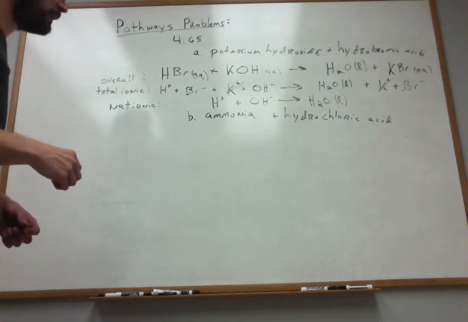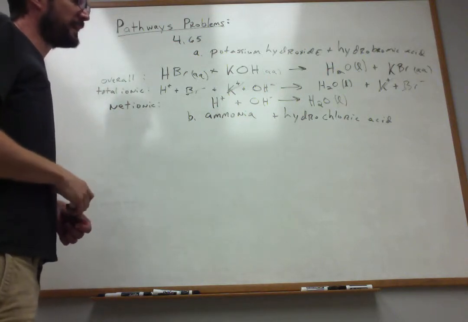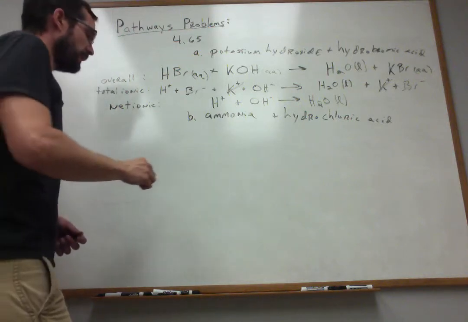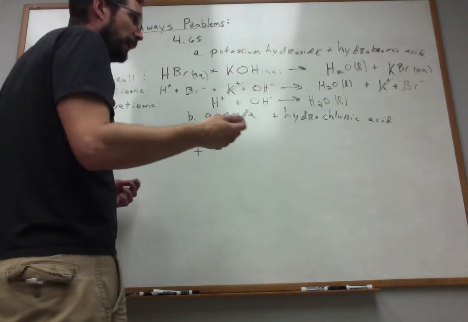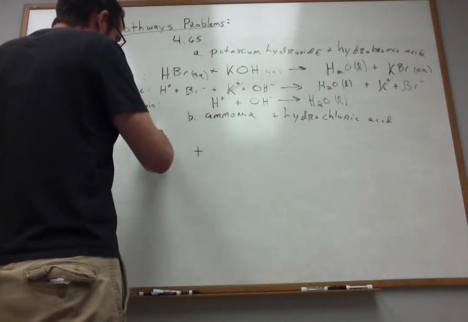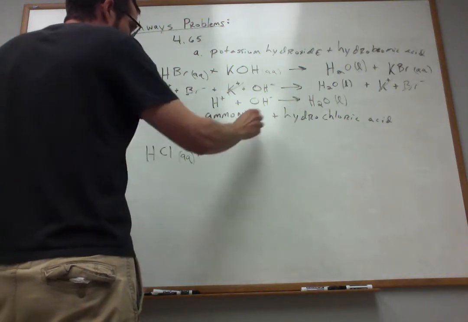Let's try our hand then at part B to 4.65. Here we're having ammonia. We're reacting with hydrochloric acid. This is a little bit different reaction, but don't need to scare you, okay? Now, of these two, probably the easier one to write the formula for at this point might be HCl, hydrochloric acid.